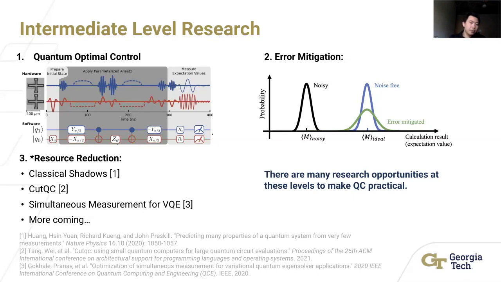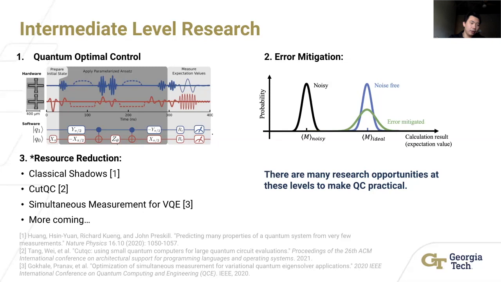Resource reduction means, for example, you want to use fewer quantum measurements to recover the same quantum state, and this is what classical shadow does. The cost transfers to more classical data processing, so you can do fewer quantum measurements. We think of that as a reduction of quantum measurement results.